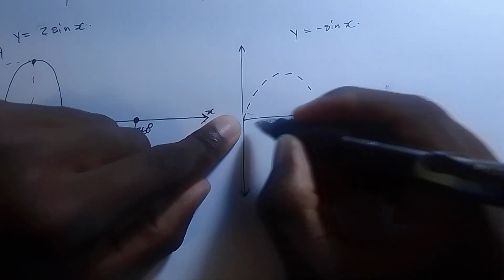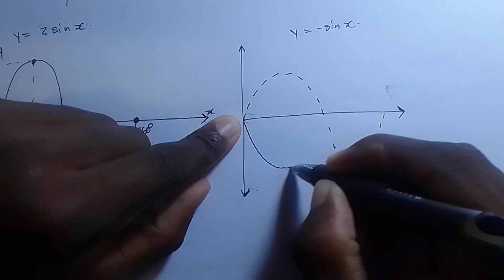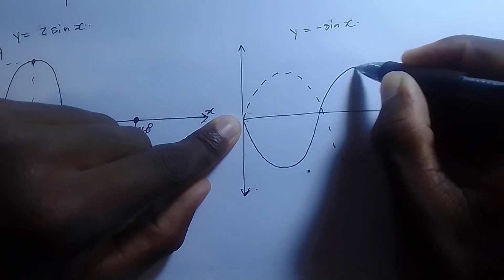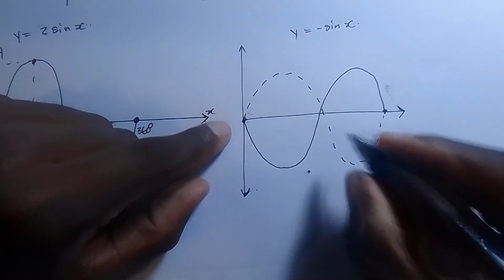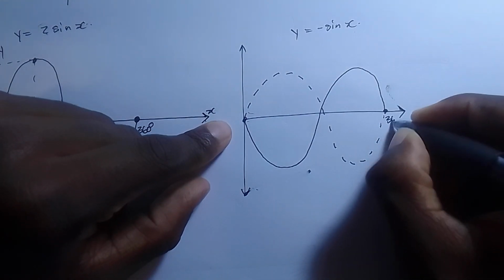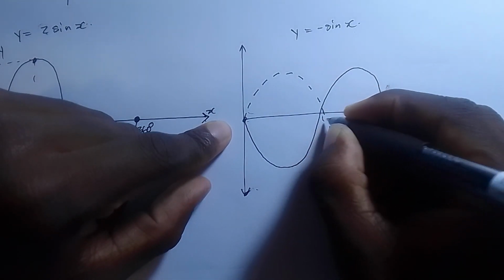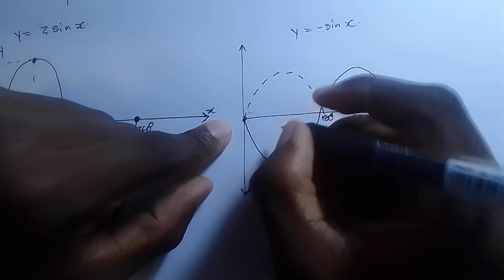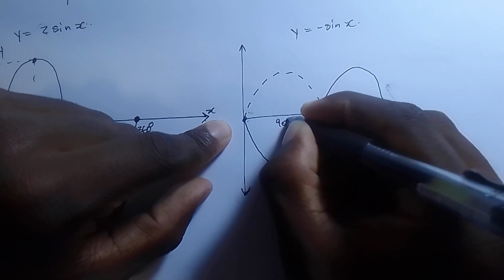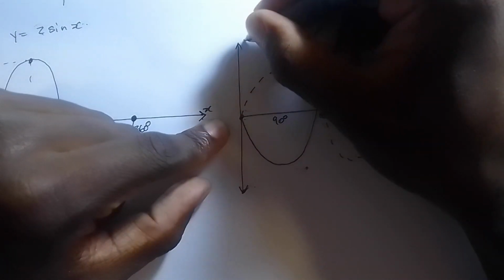So this graph is going to look like this. Now this point is still 360, this point is still 180, this one is 270, this one is 90. This is x, this is y.